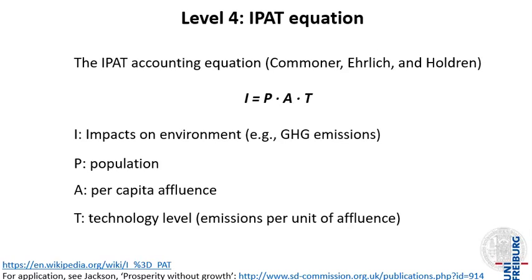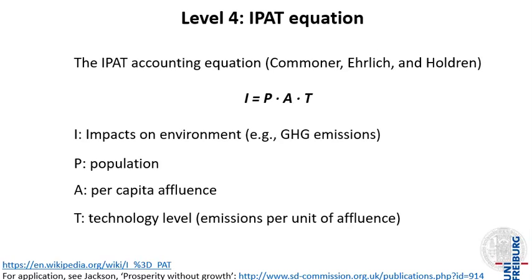You may be familiar with another major system level indicator, here in the form of an equation, the IPAT accounting equation. So when we take an environmental impact indicator, for example total greenhouse gas emissions, we can break it down into three components. The first one is the population as a driver. The second one is the per capita affluence, and the third one is the technology level, the aggregate emissions per unit of affluence.